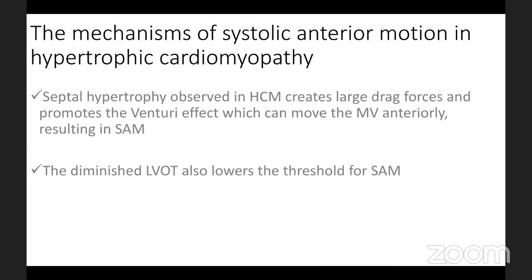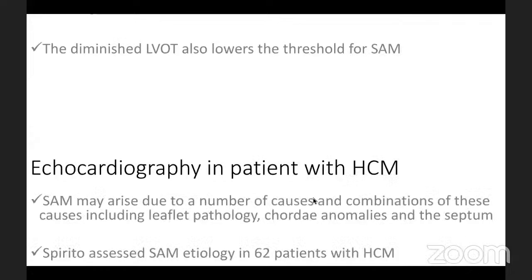Also, septal hypertrophy observed in patients with HOCM creates a large drag force and promotes the Venturi effect, which can move the mitral valve anteriorly, resulting in SAM. Also, the dimensions of the left ventricular outflow tract lower the threshold of SAM.